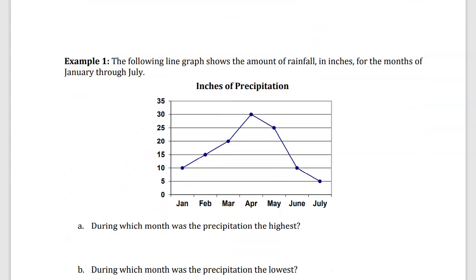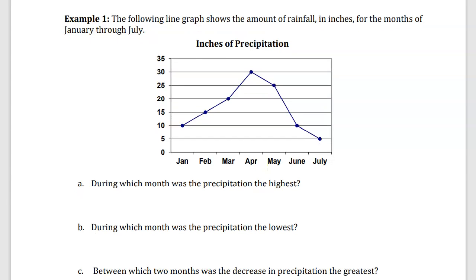Let's look at an example of a line graph, and that's inches of precipitation. Now, if we think about these as being the inches over here, well, I can be anywhere between 10 inches and 15 inches. Even if I had this being 10 and this being 9, I could be anywhere.